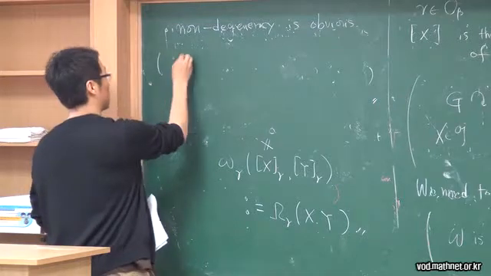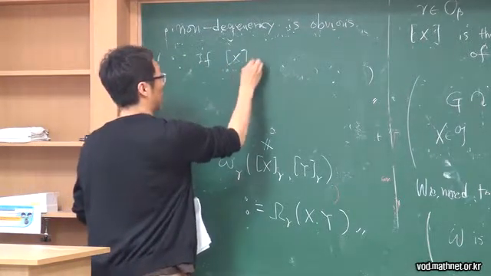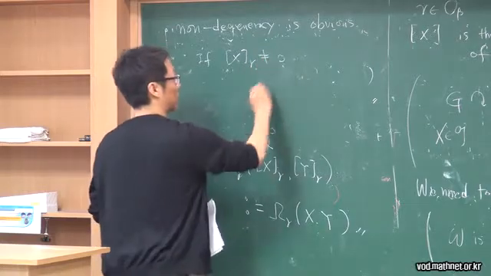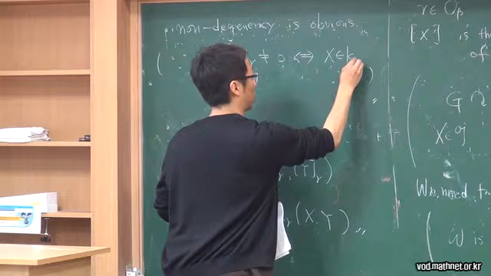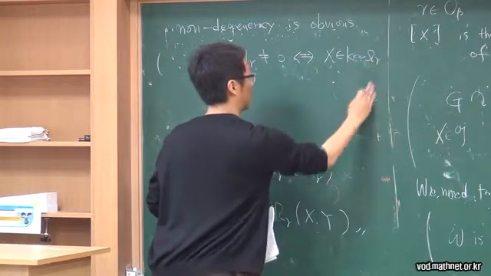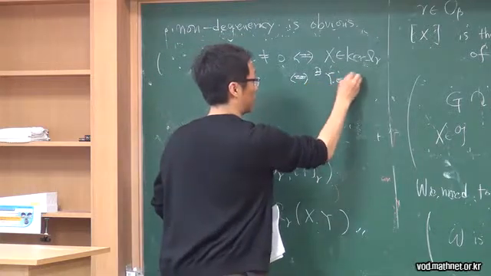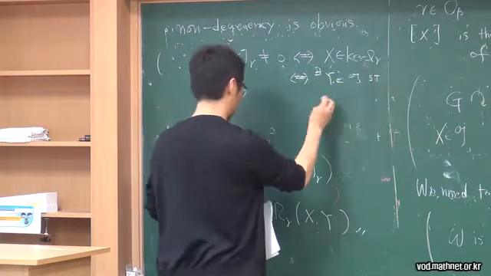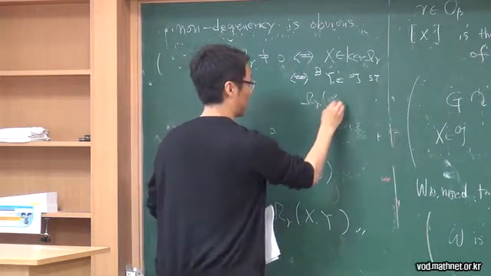So the reason is that if x gamma is non-zero, which is equivalent to saying that x is not in the corner of omega gamma, which means that there exists y such that omega gamma xy is non-zero.